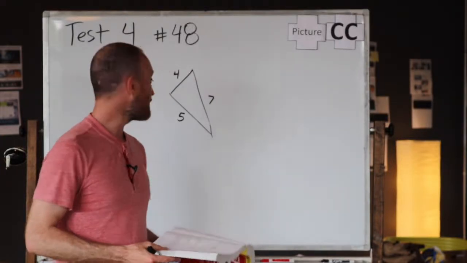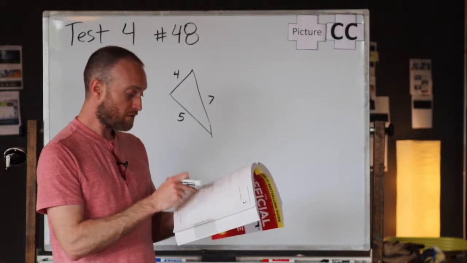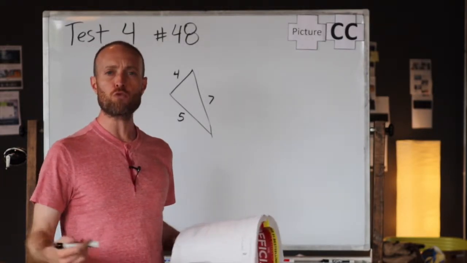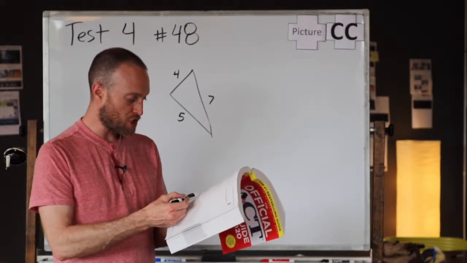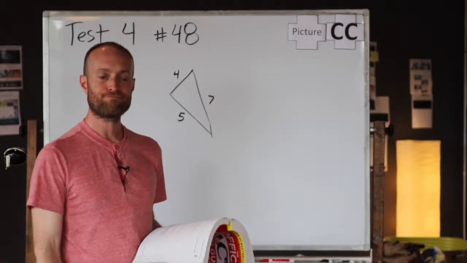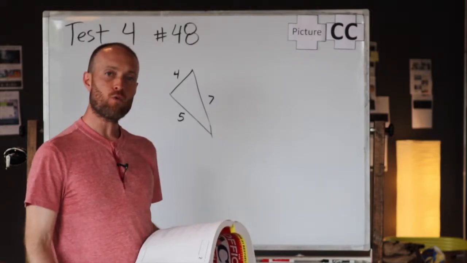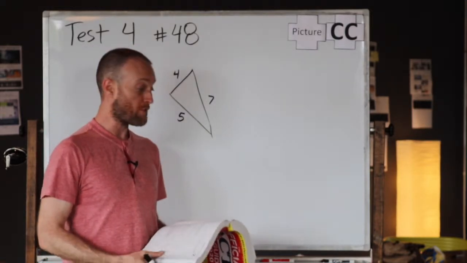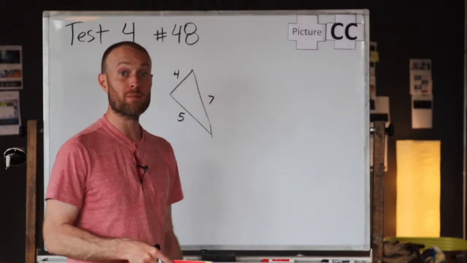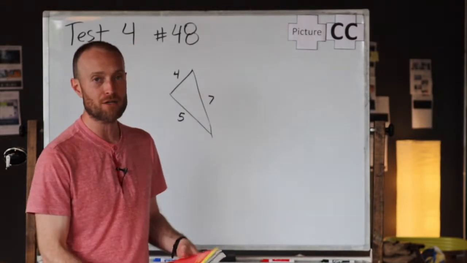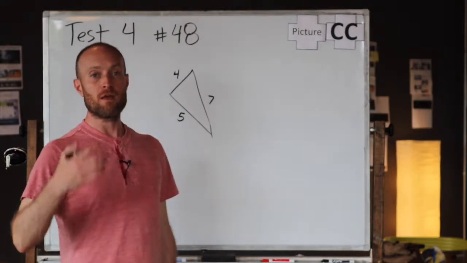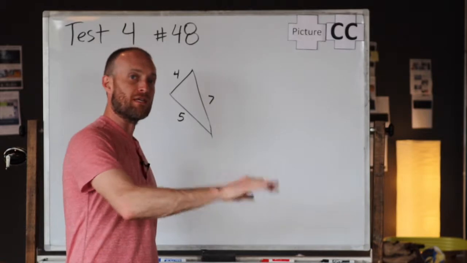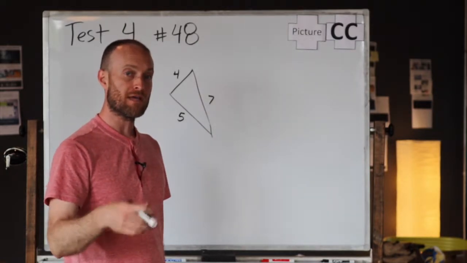One of the things I like to look at here is that two of these options are right triangles, option G and option K. Maybe my drawing looks like a right triangle, maybe it doesn't, but we have to be able to prove whether it is or is not a right triangle. I think it's probably easiest of all the classifications to say whether something is or is not right.